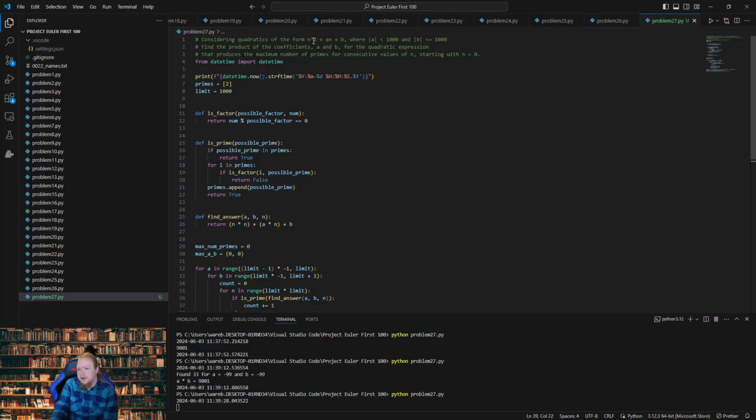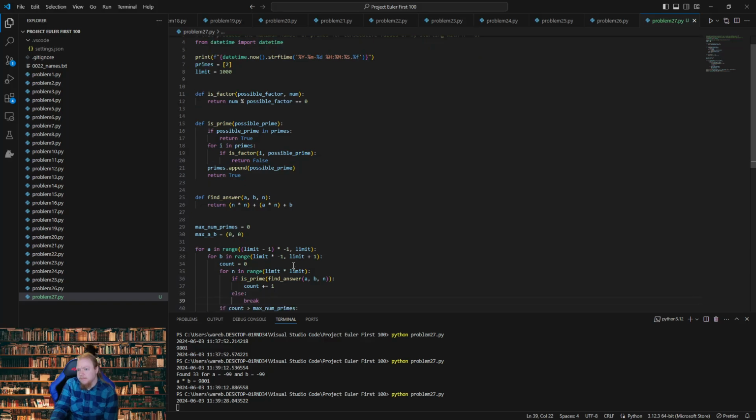So n squared, so if n equals 0, n squared would be 0 plus a times n, also 0 plus b. Negative 99 is not a prime number. Our is prime method is wrong.